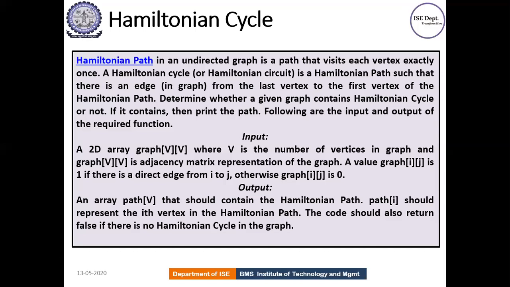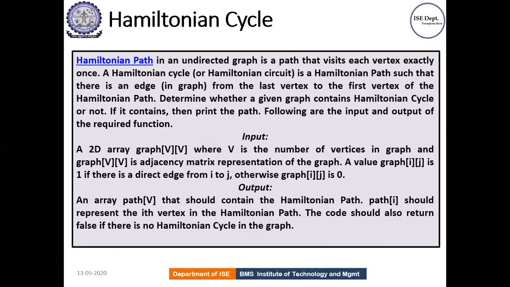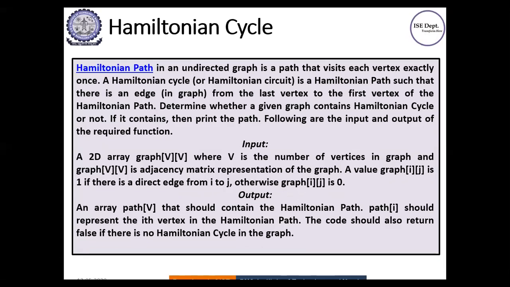So consider an example. Just a second, let me share the screen.